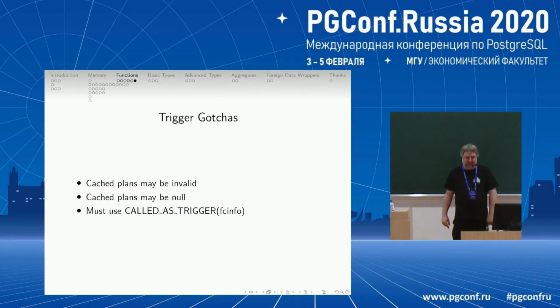Cached plans can be null. You try to plan an invalid SQL query, and you'll throw an ereport error. And when you throw that, you'll take a non-local exit, and you could end up with a null plan. If you end up with a null plan, you can't ever pfree it. If you try to pfree it, you will get a segmentation fault, as I described in the previous war story.